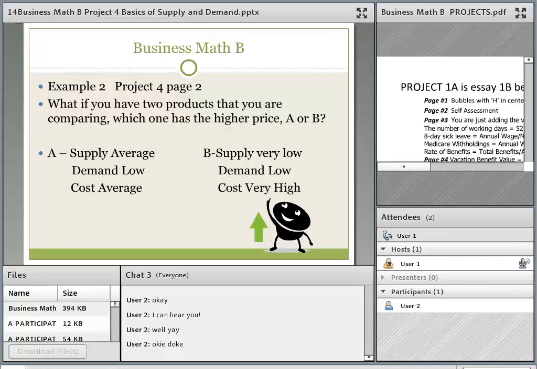Well, we already said if the supply was very low that would make the price high, and the cost is very high too. So we know that B would have the higher price. The supply is low and the cost is high, so that would make it higher.